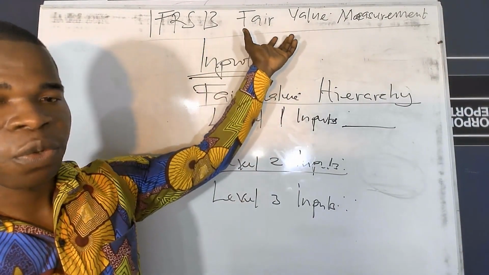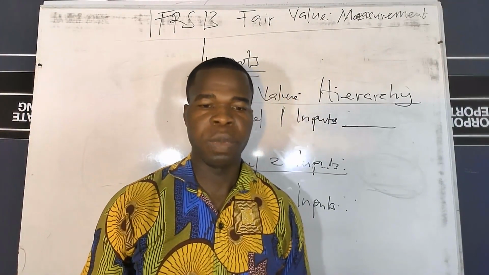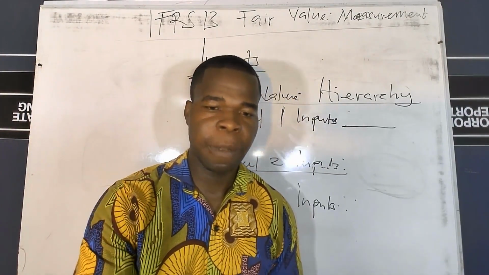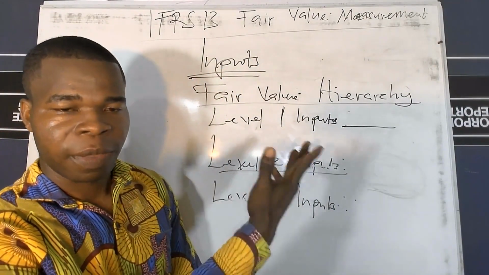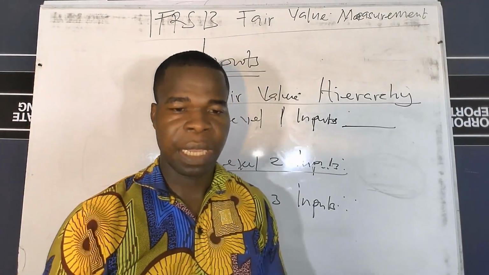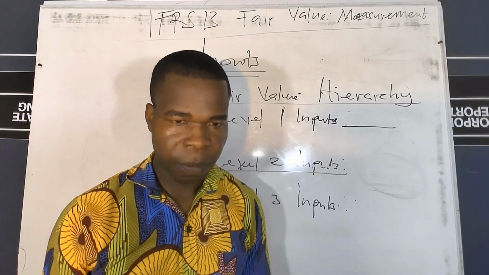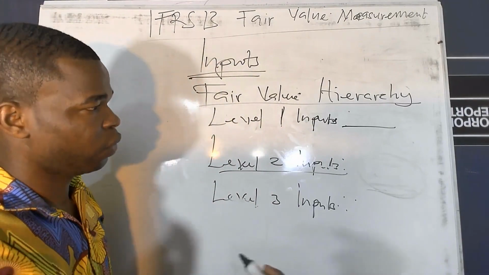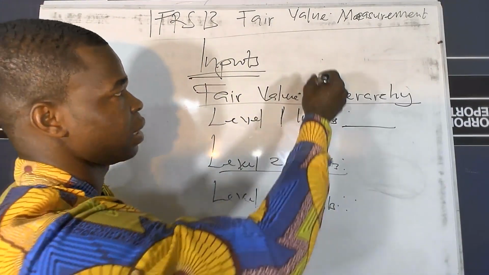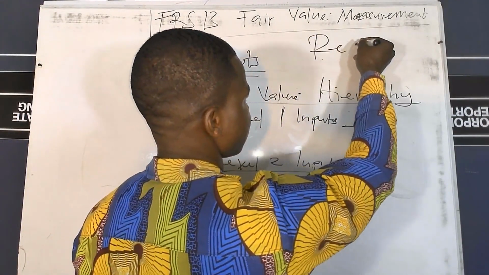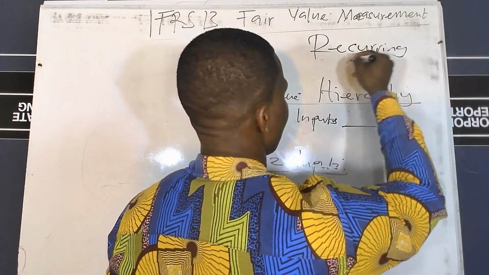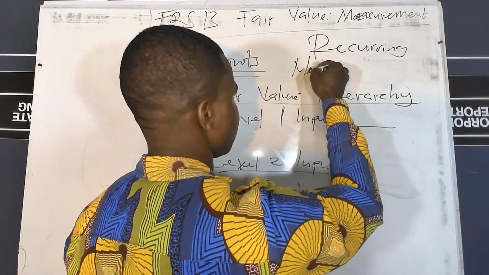Then the standard also prescribes certain items to be disclosed. Whatever fair value technique you are using, you disclose them. But one important thing is that you have to check whether the fair value is on a recurring basis or a non-recurring basis.